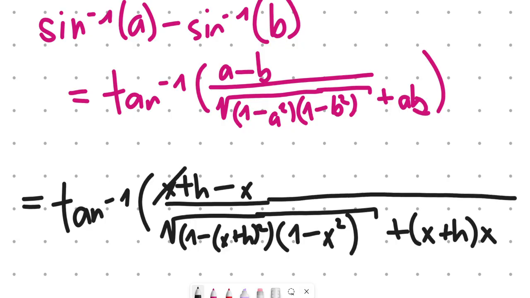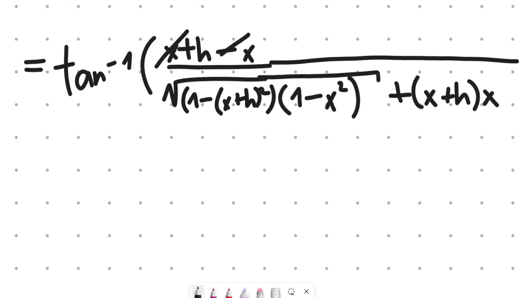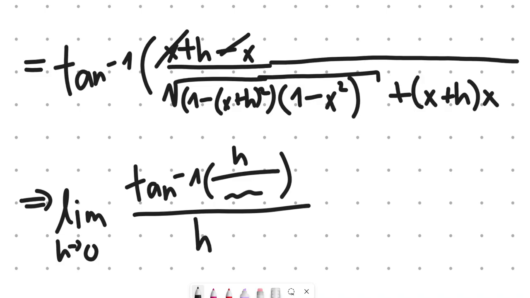Now the x's will cancel out, so we are just left with h over the whole thing. So since we have the limit, we're just going to plug everything inside the limit. So we would have the limit as h approaches 0 of the inverse tangent of h over the whole gibberish thing, all over h.